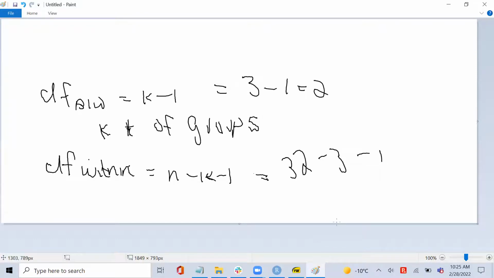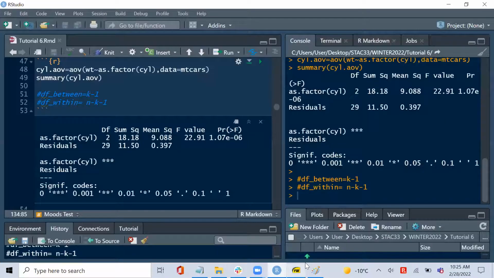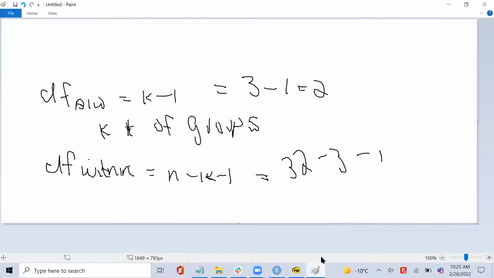So let's see what the difference is. Let me just double check. What is sample size? Length of weight, let's see, 32. Okay, let me work backwards here for a second.